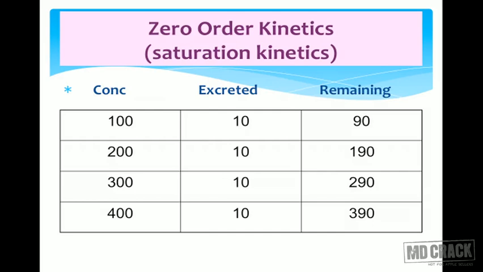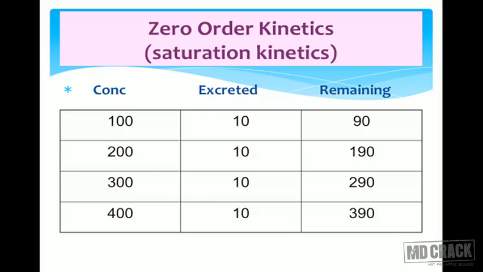Let's have a look at zero order. What happens? Concentration is 100, excreted 10, so 10% excreted, 90 is remaining. But after this, probably the body is not able to metabolize the drug. And this is why when you make the dose 200, still the body says, I'll excrete only 10. So that's the fixed amount, not the percentage.